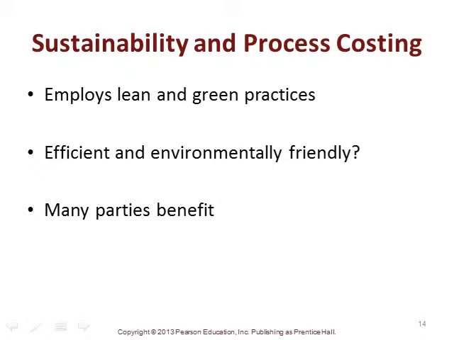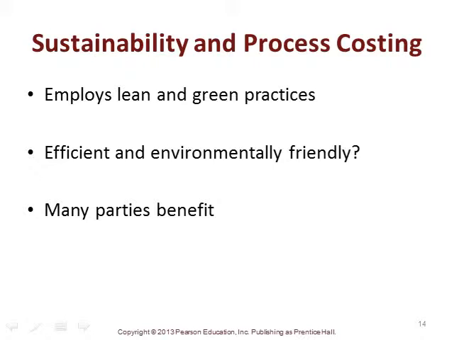But anyway, with respect to process costing, we see that process costing is a way of employing lean and green practices. It should promote an efficient, environmentally friendly approach to the manufacturing process in a way that captures costs so that you can gauge and measure what your costs are with respect to sustainability practices as well.